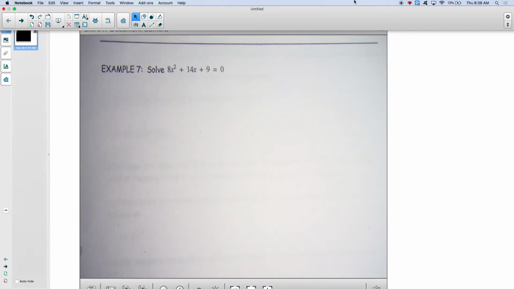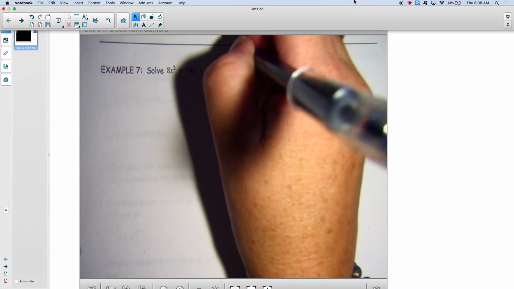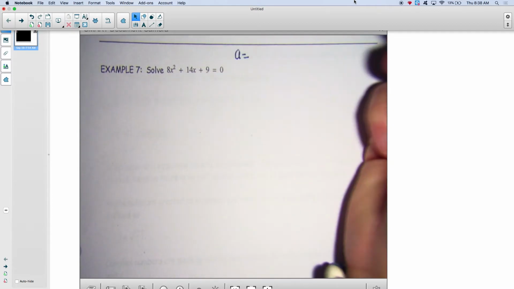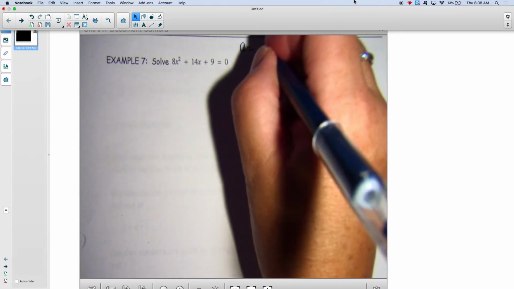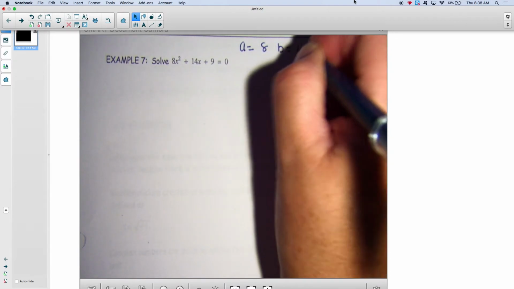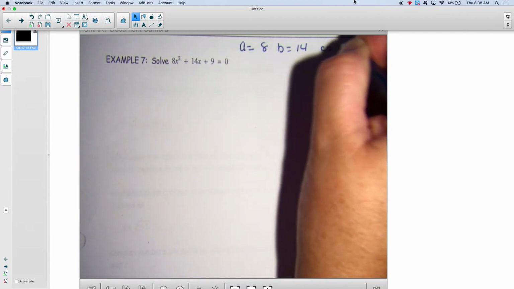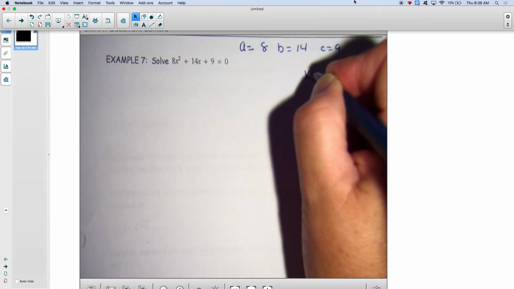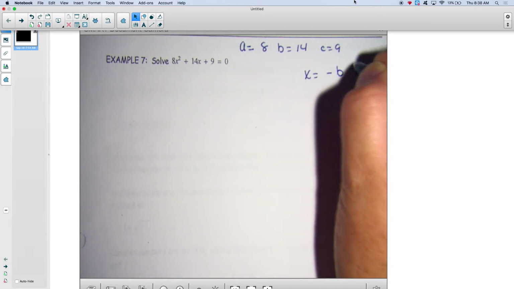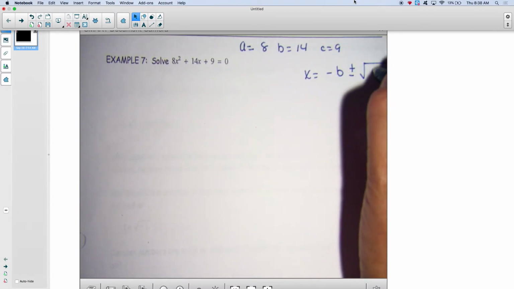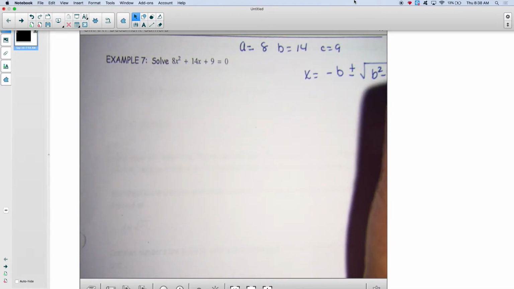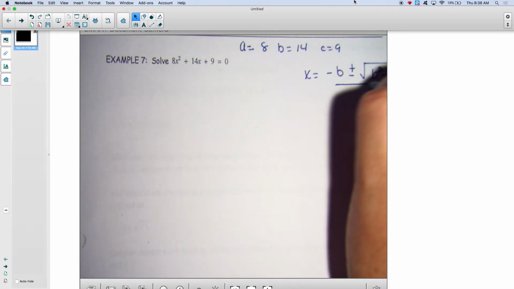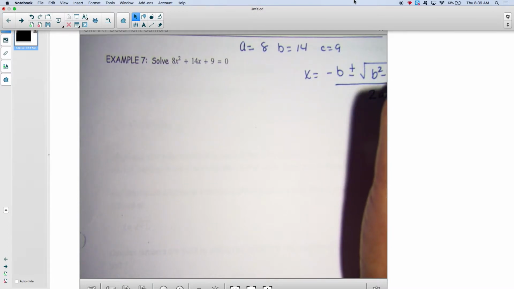This doesn't factor. And so we need to state a, b, and c. What's a? What's b? What's c? Quadratic formula: negative b plus or minus the square root of b squared minus 4ac, all that divided by 2a.